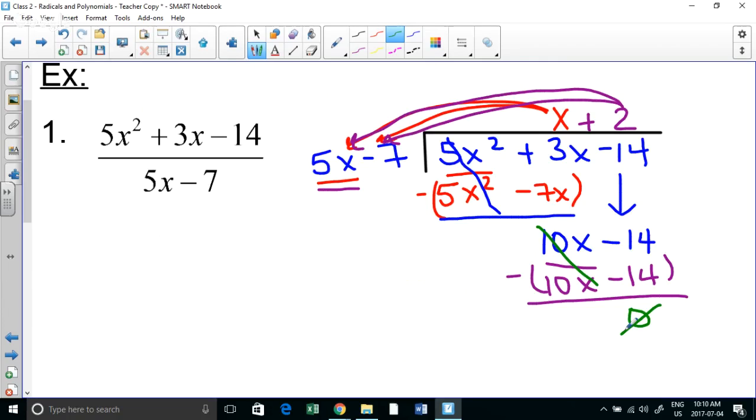How did you get 10x when it's plus 3x minus 7x? Well, plus 3 minus negative 7. We have a minus negative, so 3 plus 7. But where did that negative sign come from? This one, or this one? The one outside the bracket. You subtract, that's the rule.